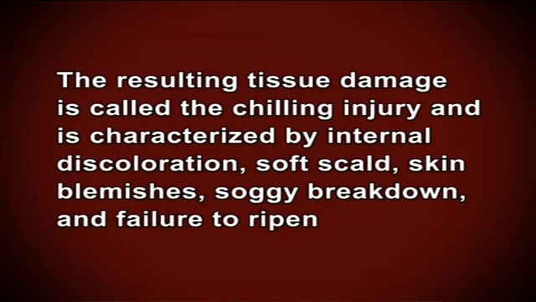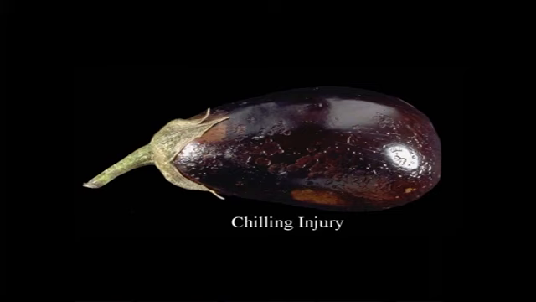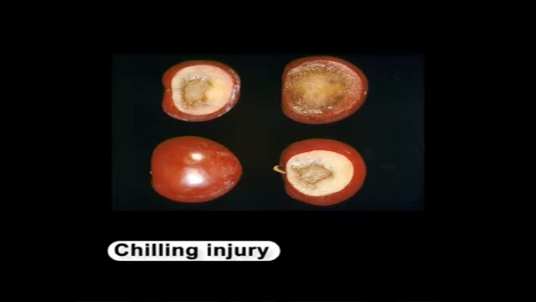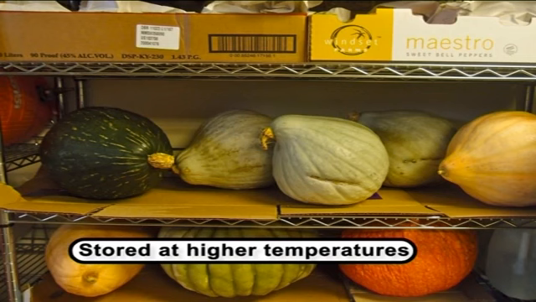The resulting tissue damage is called chilling injury and is characterized by internal discoloration, soft-scald skin blemishes, soggy breakdown, and failure to ripen. The severity of the chilling injury depends on both the temperature and the length of storage at that temperature. The lower the temperature, the greater the damage in a given time. Therefore, products susceptible to chilling injury must be stored at higher temperatures.